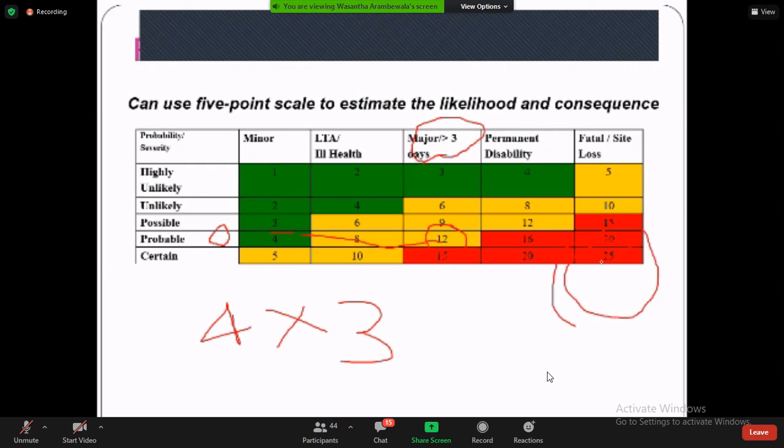What would be the severity and probability?